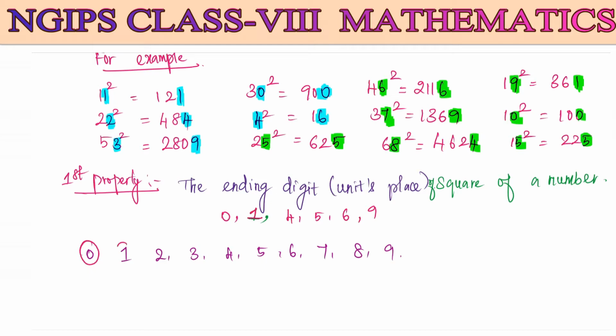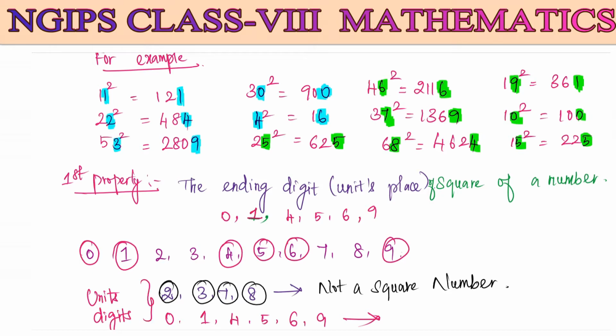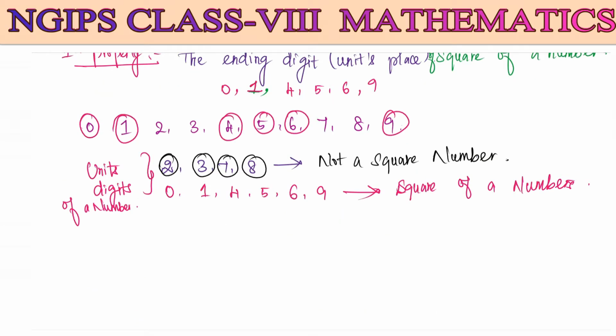Except 0, 1, 4, 5, 6, 9, when you have the unit digit as 2, 3, 7, 8, it is not a square number. When the unit digit is 0, 1, 4, 5, 6, 9, we can say it may be the square of a number.